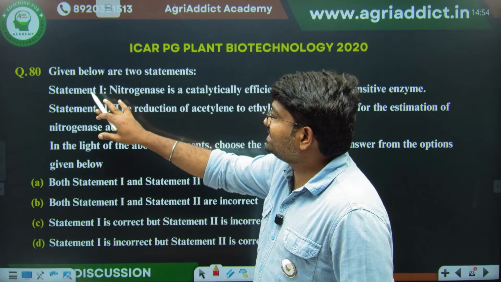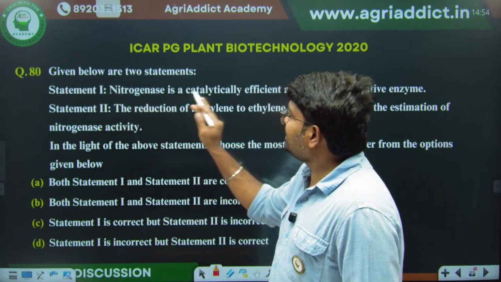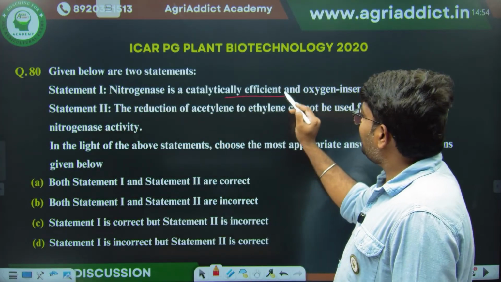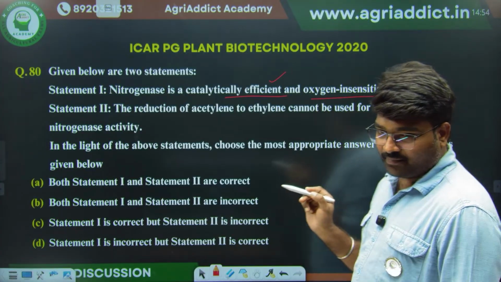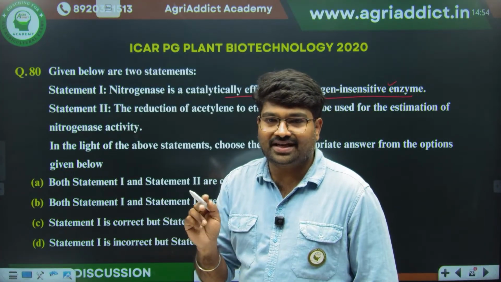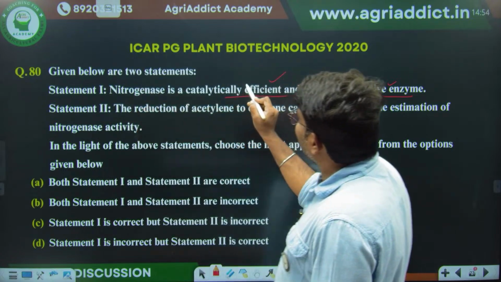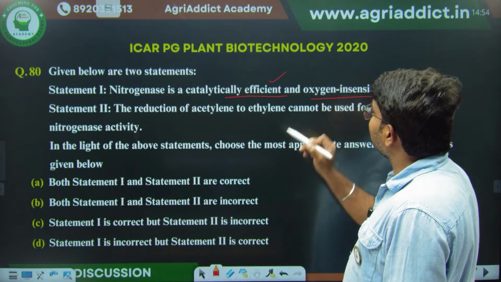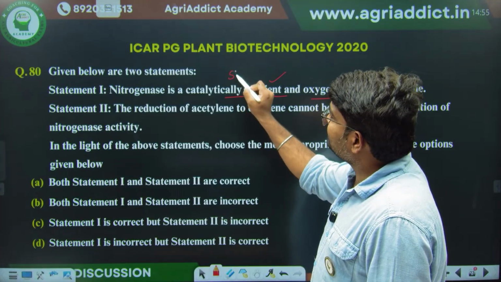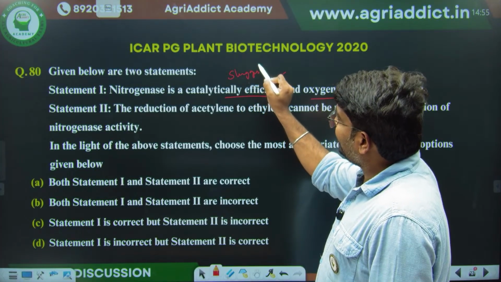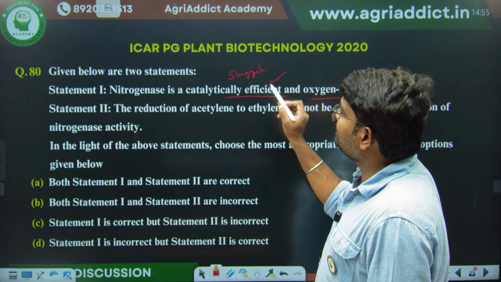Statement question there. Read the statement properly. Nitrogenase is a catalytically efficient and oxygen insensitive enzyme. First statement says nitrogenase is a catalytically efficient and oxygen insensitive enzyme. No, nitrogenase is a sluggish and catalytically inefficient enzyme.